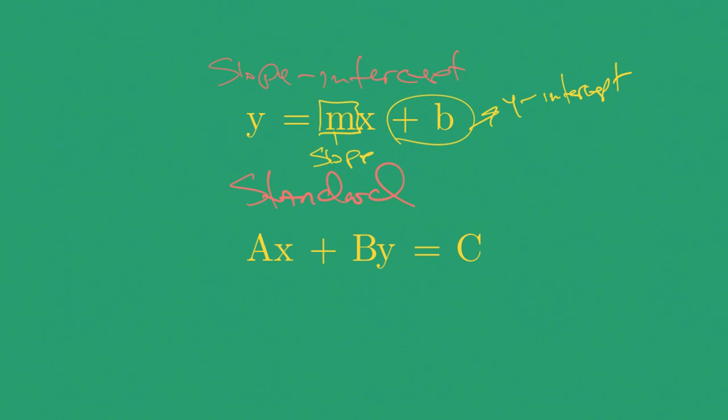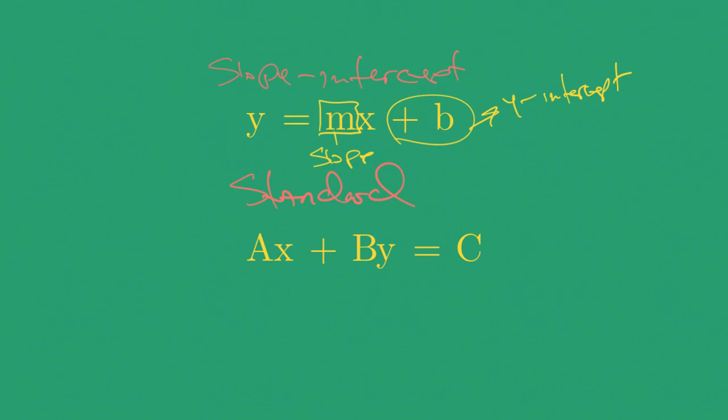The y-intercept is telling you where the line will go through the y-axis. So m is our slope. It is associated with x. The lowercase b is your y-intercept. Okay?